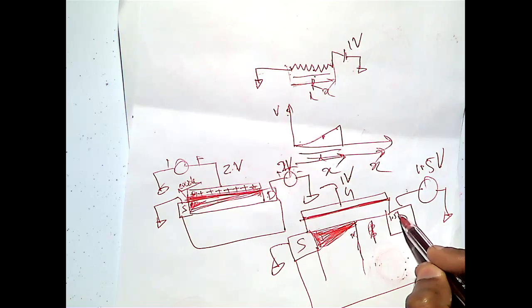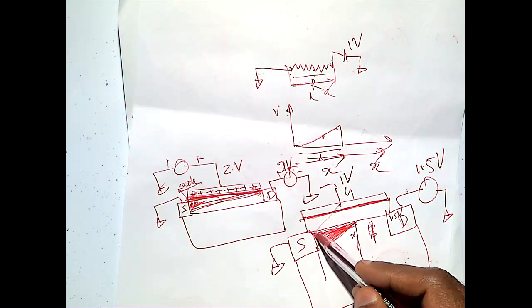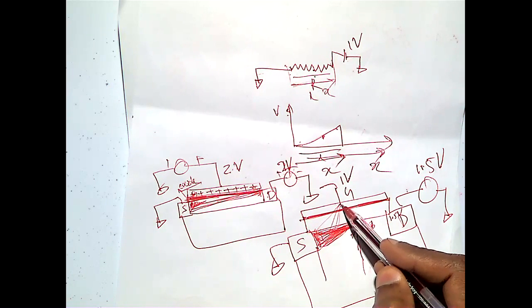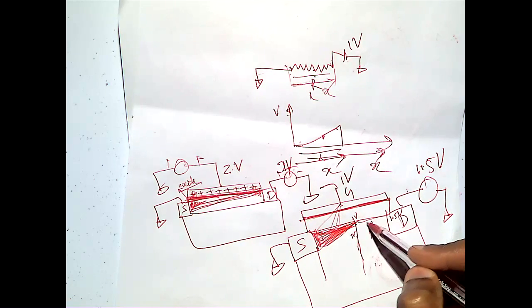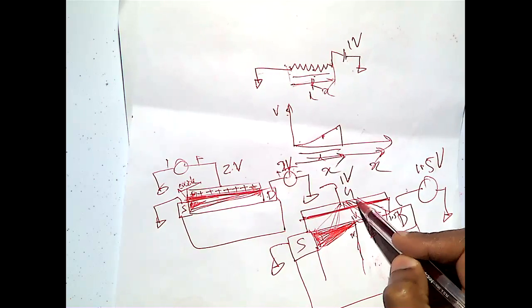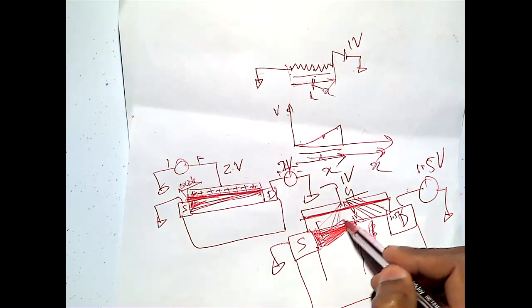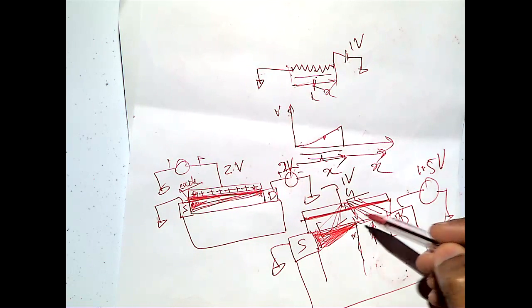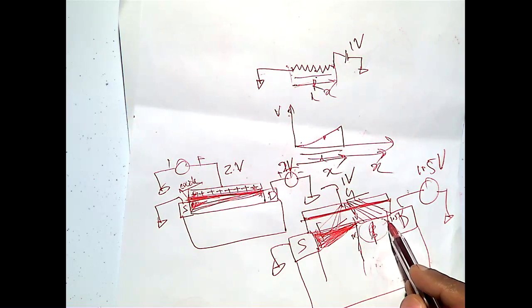See, the electric field is in this direction. Here you don't have an electric field between these two points because this is 1 volt, this is 1 volt. But from this point onwards, the electric field is in this direction because it's a negative charge. At this point you don't have any direction because both voltages are the same. That's the reason you don't find any electron density here.